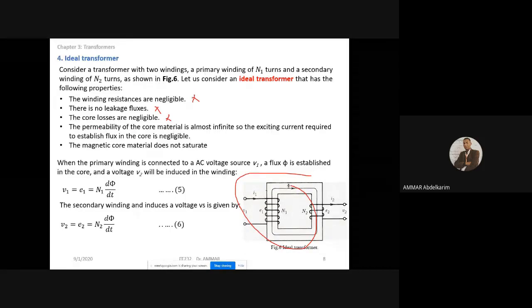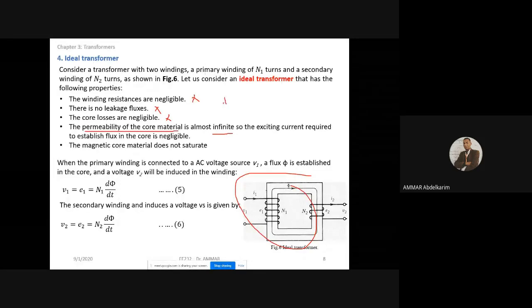The permeability of the core material is almost infinite, so the exciting current required to establish flux in the core is neglected. What does it mean, this passage? If the permeability of the core is infinite, we will not have a reluctance.